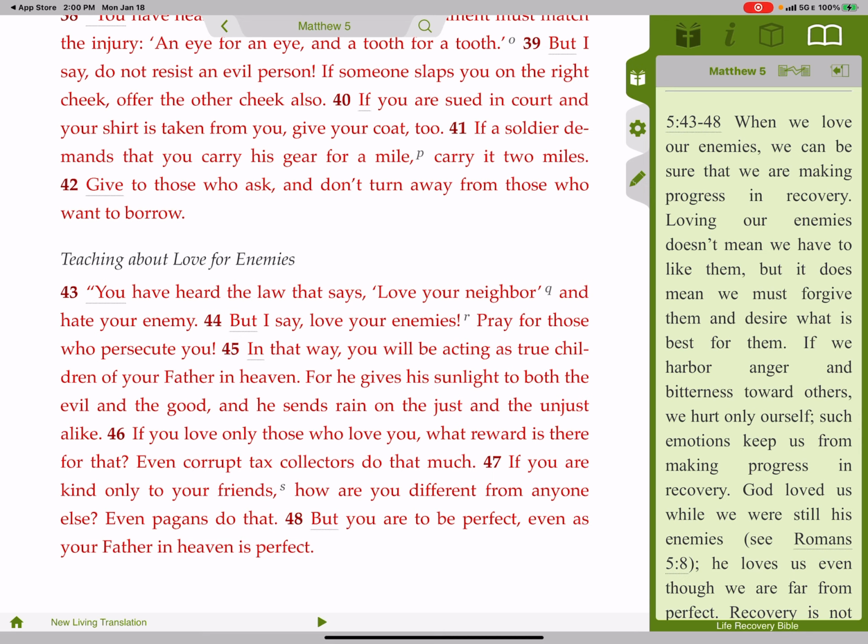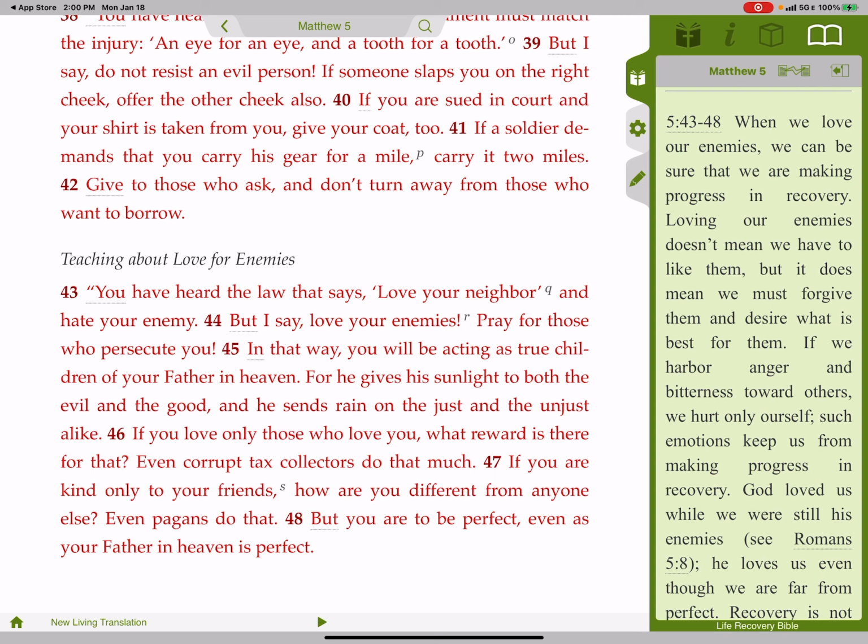And when we love our enemies, the commentary says, we can be sure that we are making progress in recovery. Loving our enemies doesn't mean we have to like them, but it does mean we must forgive them and desire what is best for them. If we harbor anger and bitterness towards others, we only hurt ourselves.